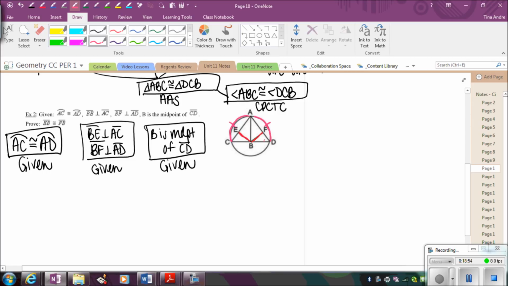So I'm not going to use that, but I can use the fact that I have angles. Let me use a different color. I have angle C cuts into that arc, and angle D cuts into this arc over here. So I could say that angle 1 and 2 are congruent using those, which might be helpful because now I'm getting towards those smaller triangles.